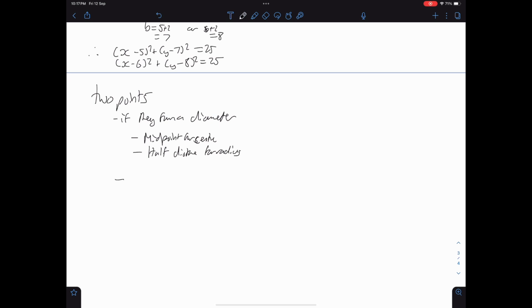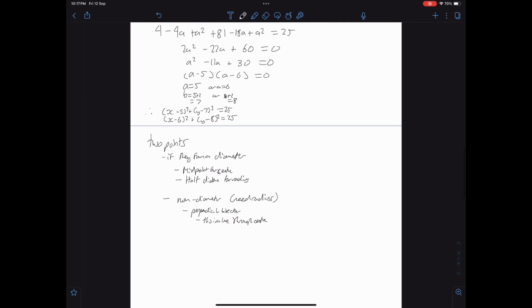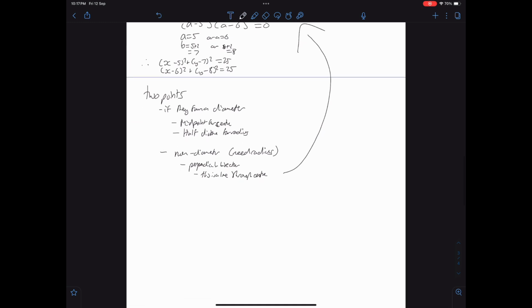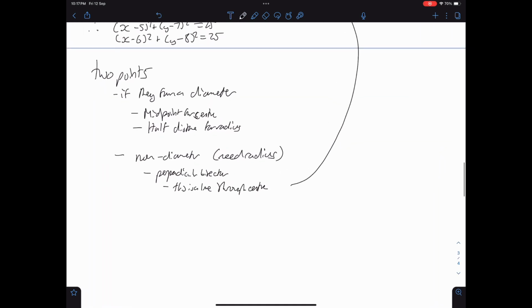Easy. And then if it's non-diameter, you need the radius, and you would use the perpendicular bisector. This is a line through the centre. So you could go up and do this. Same thing again. You need the radius here as well.